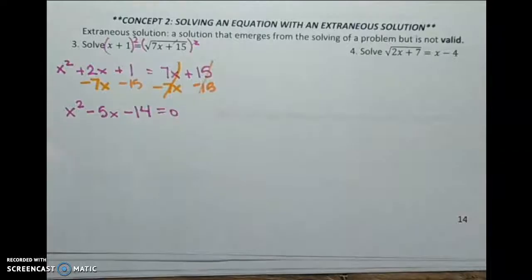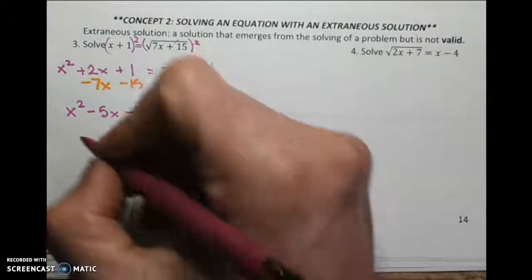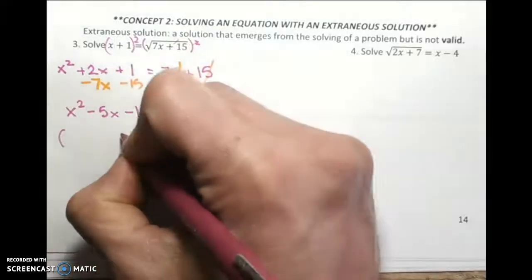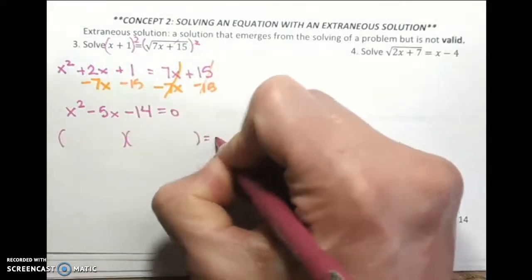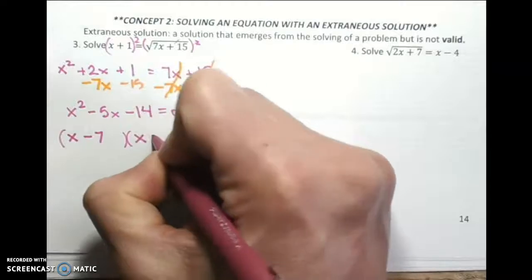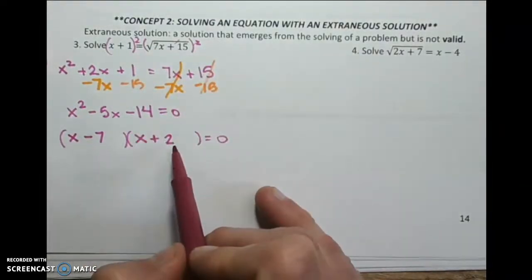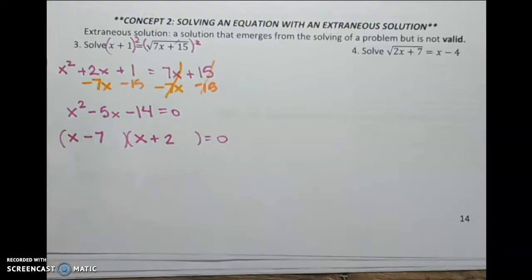To solve quadratics, we have many options: solving by factoring, quadratic formula, completing the square, and potentially even by taking the square root. In this case, though, I'm going to go ahead and do it by factoring. So I break it up into two binomials. Trinomials always factor into two binomials. And it's going to be x minus 7 and x plus 2. Two numbers that multiply to give me negative 14, negative 7 and 2, that combine to give me negative 5.